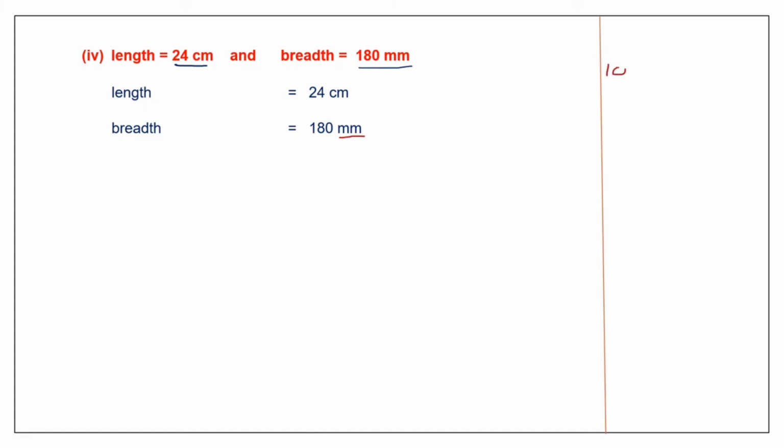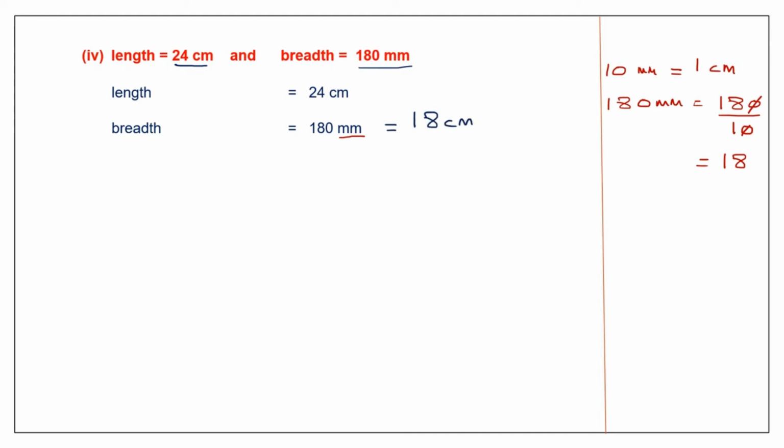So 10 millimeters make 1 centimeter. Therefore, 180 millimeters will be 180 divided by 10. Okay, so we can cancel here. So what do we have? We simply have 18. So we have converted breadth now to 18 centimeters.